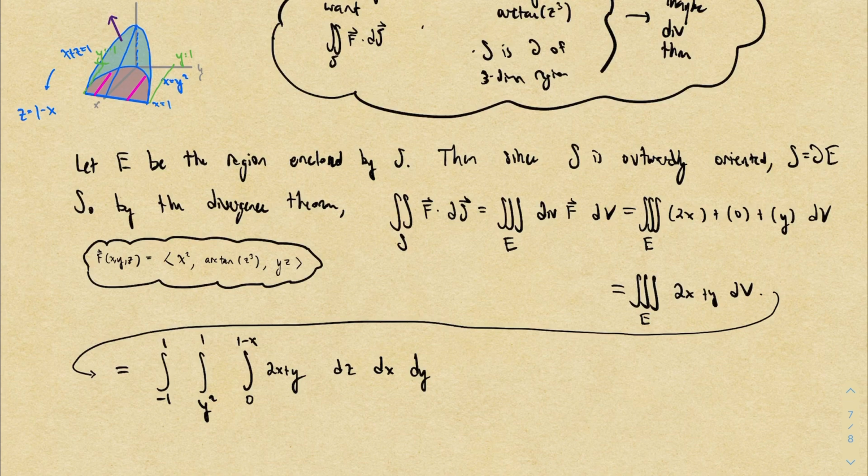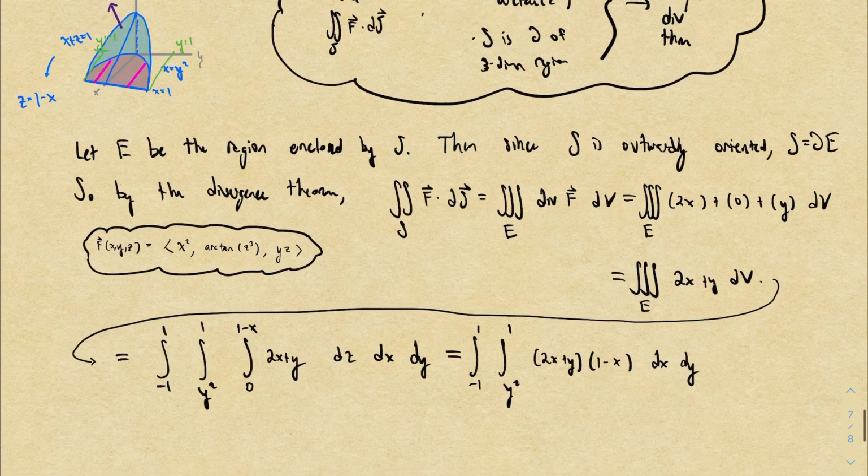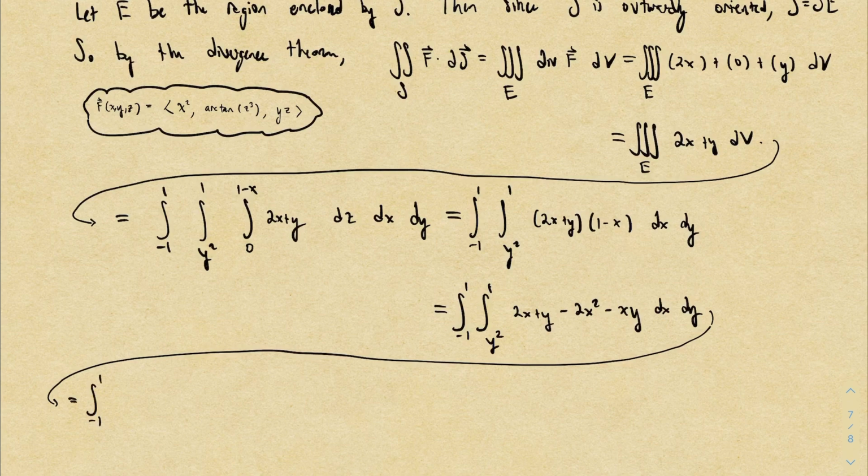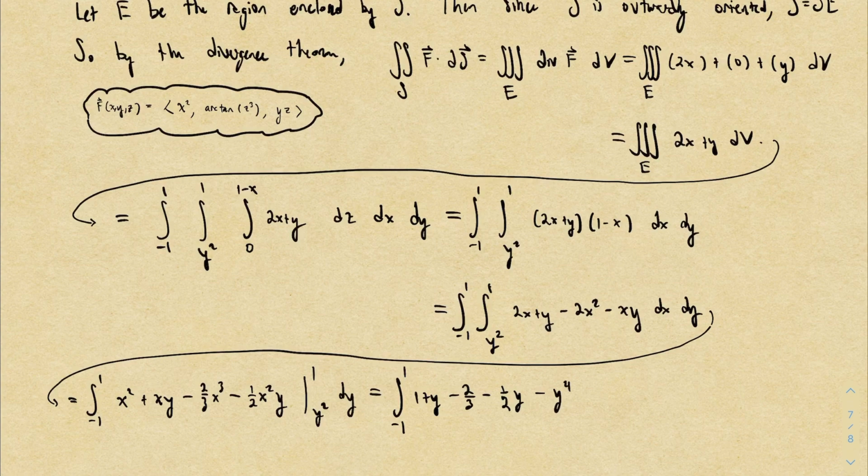And then we evaluate it. So most of this is just basic calculus. I'll let you watch. And eventually we get down to an integral with respect to y from -1 to 1 of a bunch of powers of y.